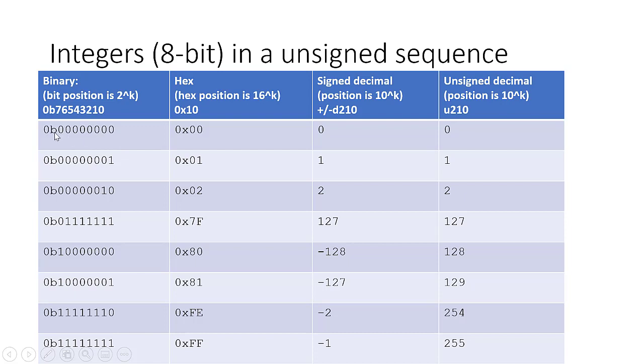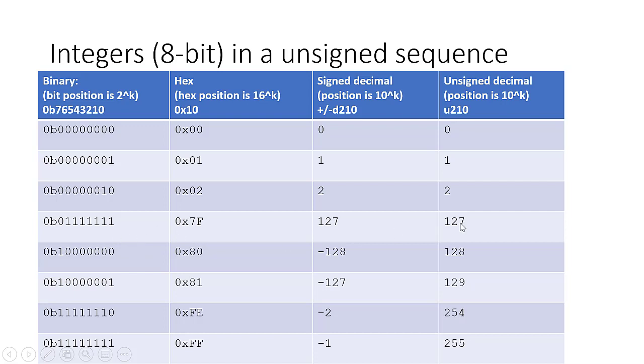And then you can see the progression where you start with all zeros, and then you go to 1, you go to 2, and then you jump all the way up to what would be 127. So that would be 64 plus 32 plus 16, etc. And then if you were to take this and add 1, then that would put a 1 in the 128 place, and it would zero out the lower bits.